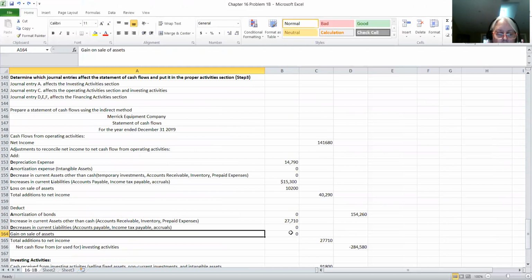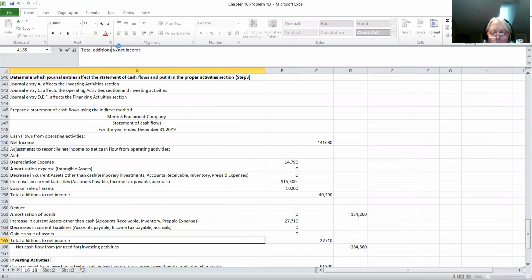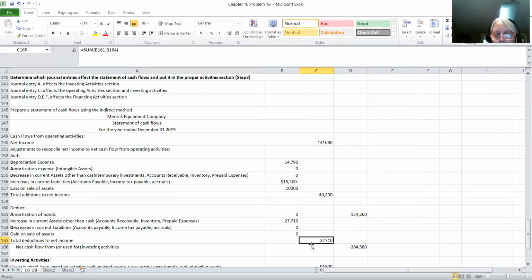You would have to look at your income statement for that information. So the total deductions to net income is $27,710. I just added this column up and got this.